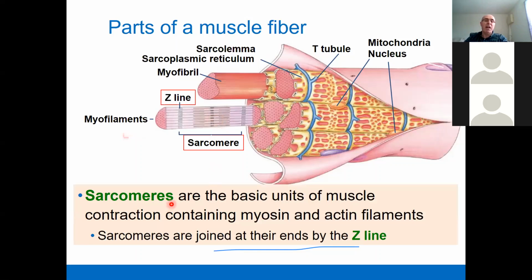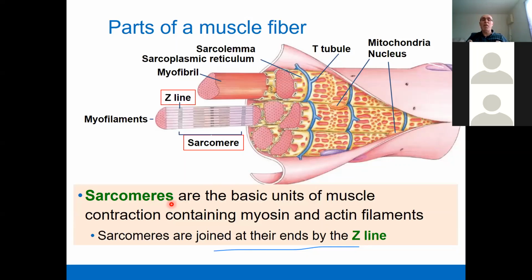Okay, sarcomere, okay, is the basic unit of muscle contraction containing myosin and actin filaments. What does that mean? The two components of the contraction of the muscles are actin and myosin filaments.